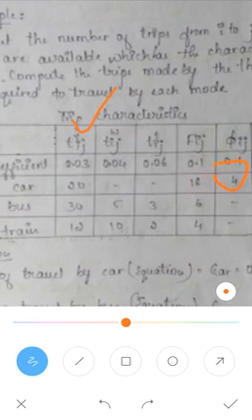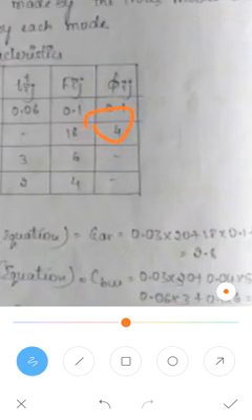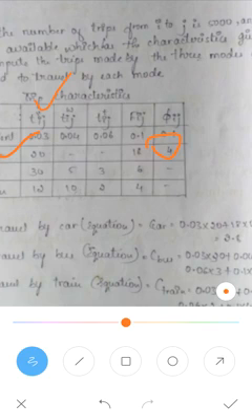Here are the car parking charges. Now we will first find the cost of travel for the car. So this is the equation. See here, whatever coefficients are there, we multiply the coefficient, like 0.03, into the respective charges. Here you are taking the car first.